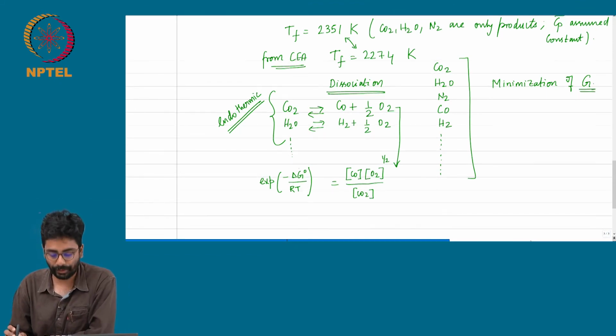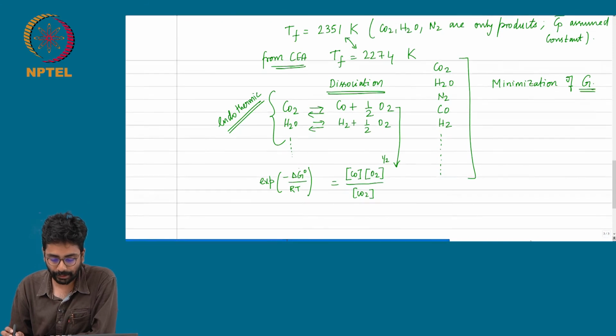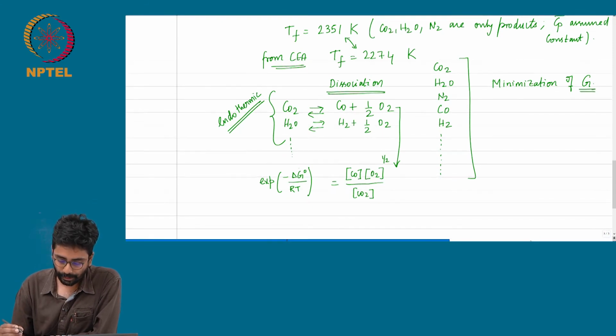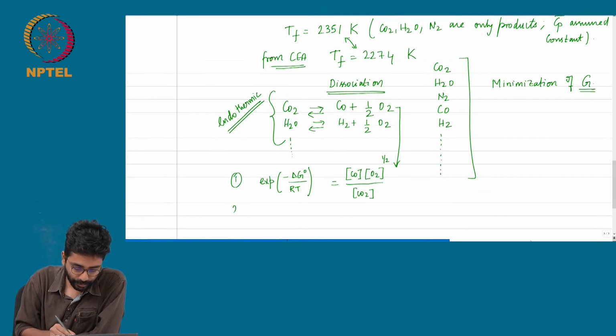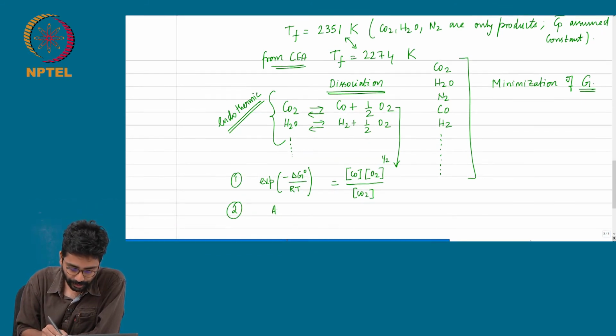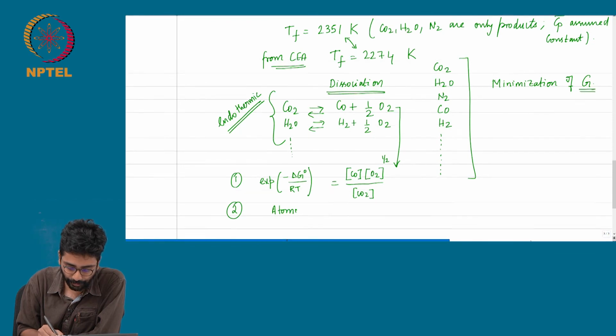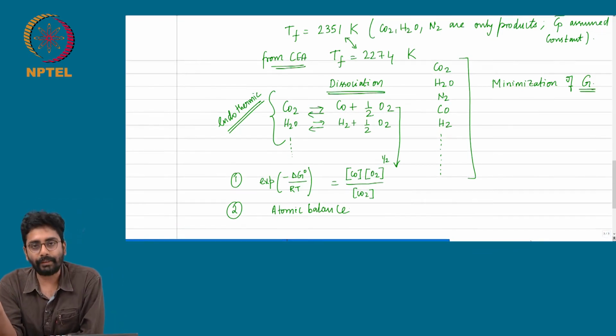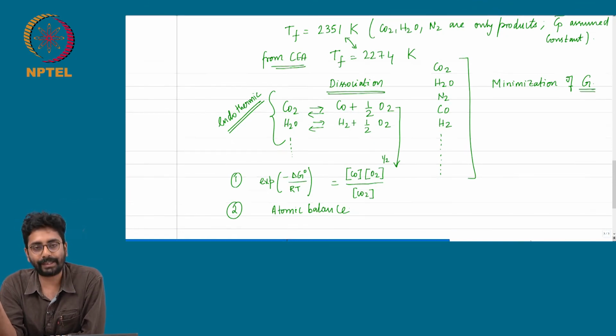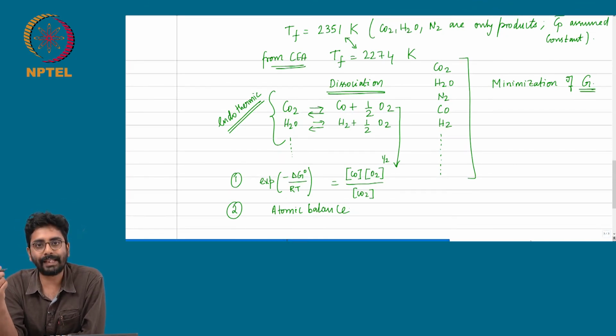This is one equation. You have three unknowns. The other equation is conservation of number of atoms called atomic balance. If you start with 1 mole of CO2, then at the end of the process, once equilibrium state is reached, you will still have an Avogadro number of carbon atoms and twice the Avogadro number of oxygen atoms.